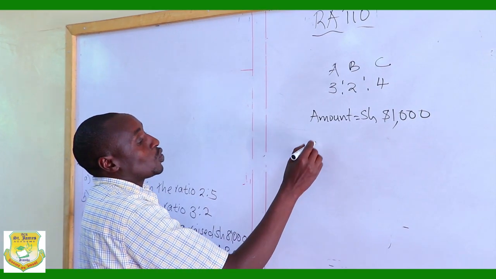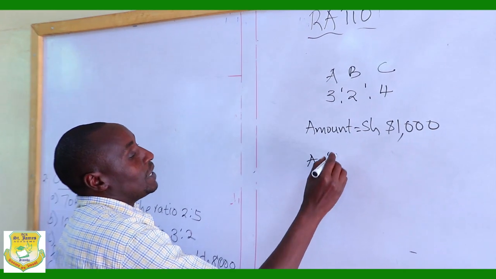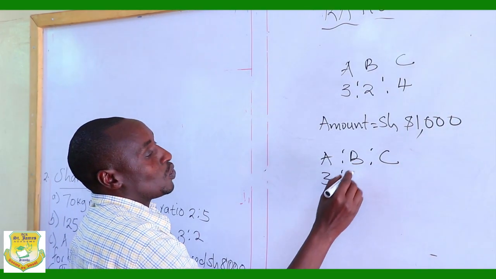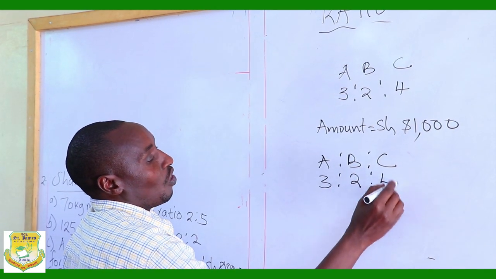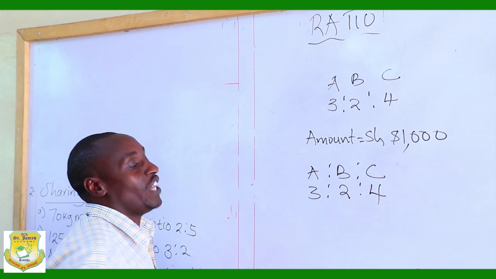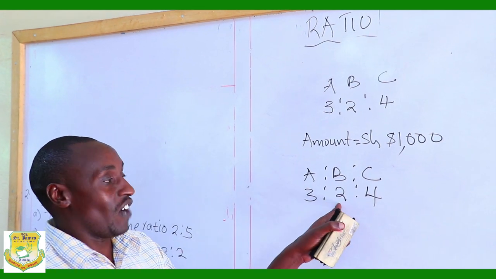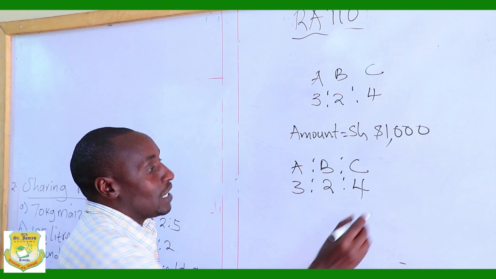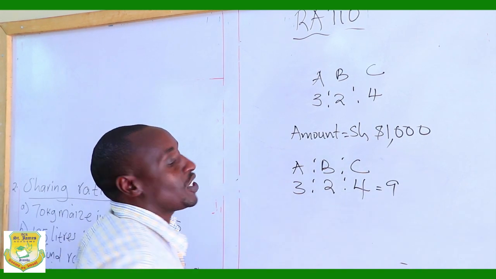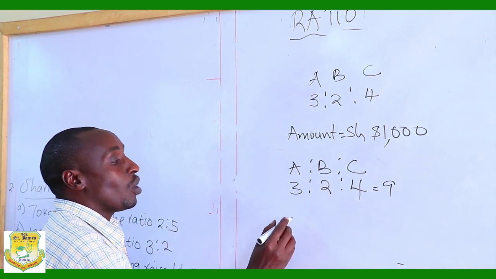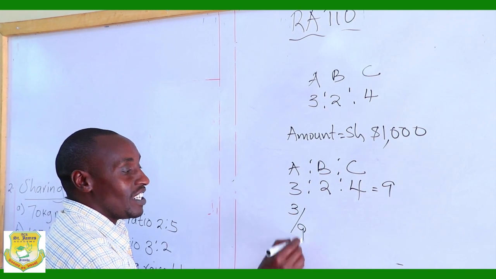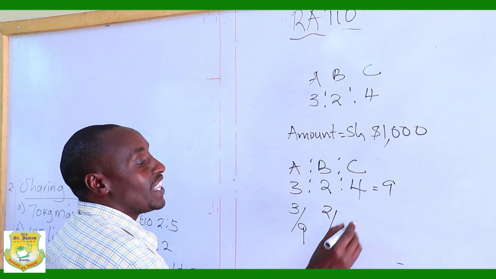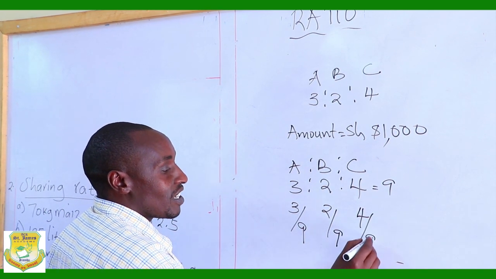So we are going to take A against B against C, 3:2:4. We add all of them. 3 plus 2, I get 5, plus 4, I get 9. Meaning total amount was equivalent to 9. The first school got 3/9. The second one, 2/9. The third one, 4/9.